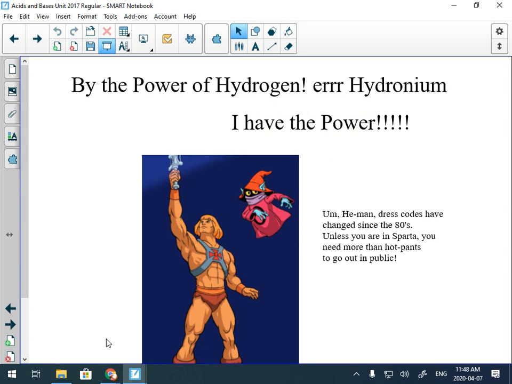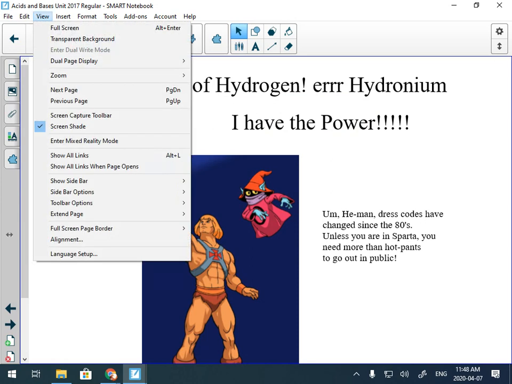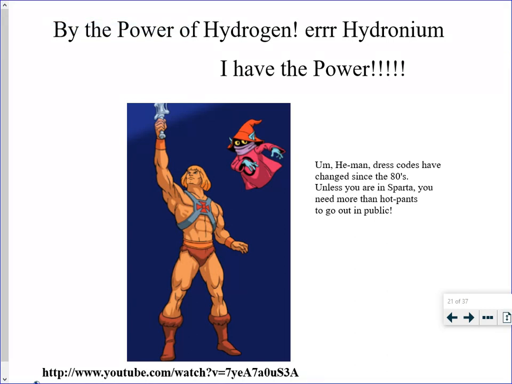Okay, so today we're going to be talking about pH. By the power of pH, not Grayskull. Yeah, so there's a funny story about He-Man. He-Man was created by Mattel. It was about this guy who had this sword, and basically all his clothes fell off, and he got really muscly. And every episode, it was like a super sexist show. He had to go rescue some girl because there's only a couple girls in the He-Man universe.